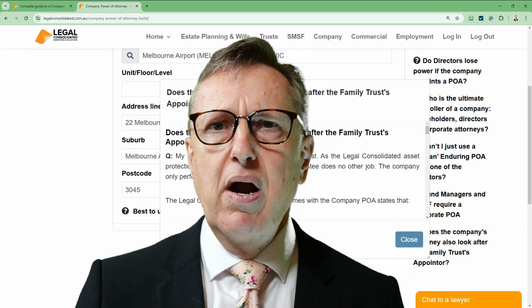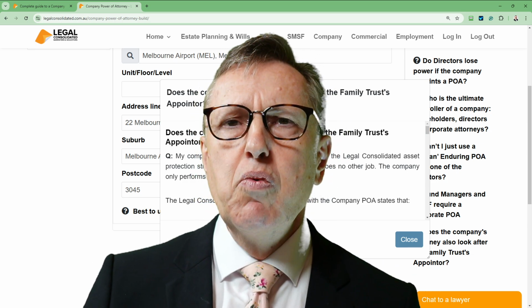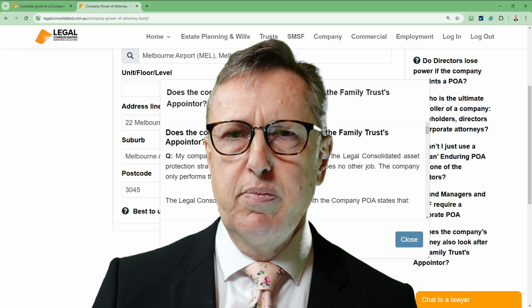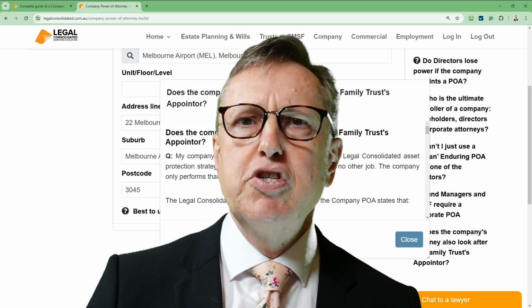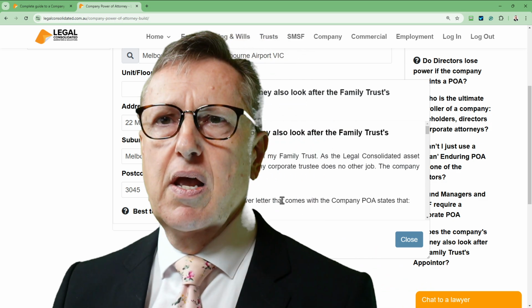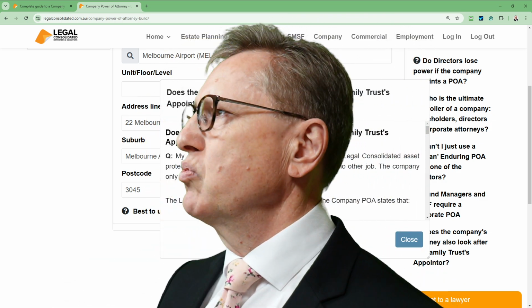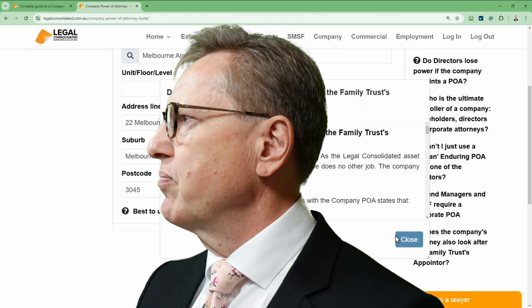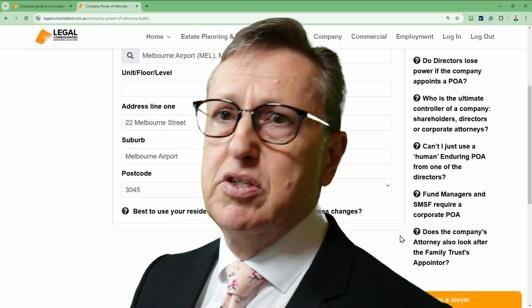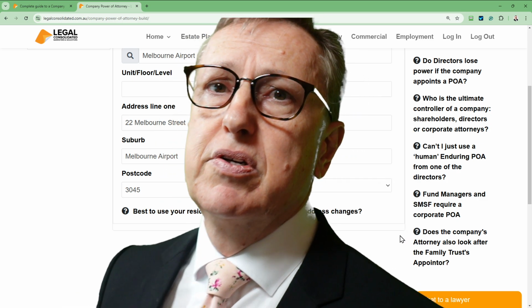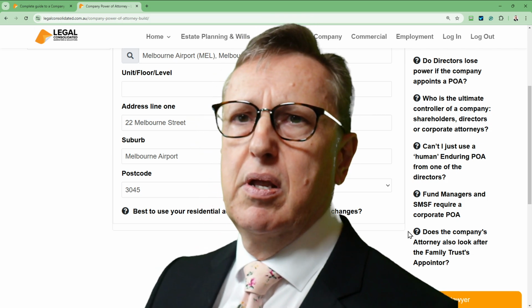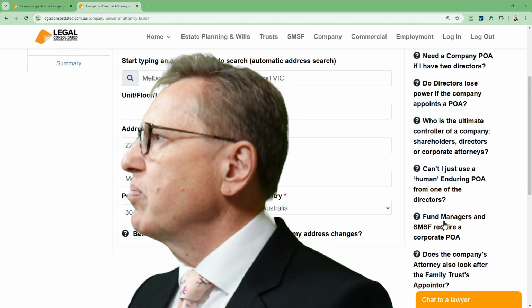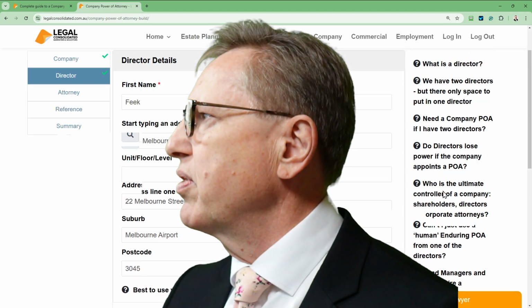The corporate power of attorney will deal with many issues of a trust relationship. So if the company can do it, generally the corporate trustee will be able to do it, but it can't act as a appointor as a separate entity. Perhaps the enduring power of attorney could deal with the appointor, but not the company power of attorney. Very interesting issues. One of my students is writing a doctoral thesis on that topic.